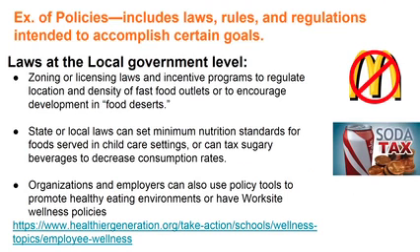Now, policies don't have to be federal. They can be any type of law, rule, or regulation, even at a much more local level. So if you think about the town or city that you live in and how they might impact public health, something as simple as a zoning or licensing law, or other types of incentive programs help regulate fast food outlets.